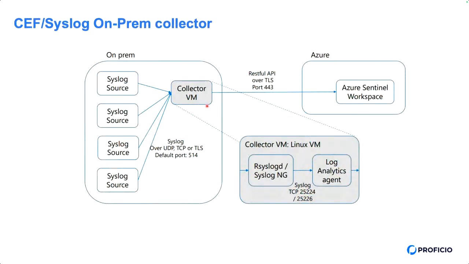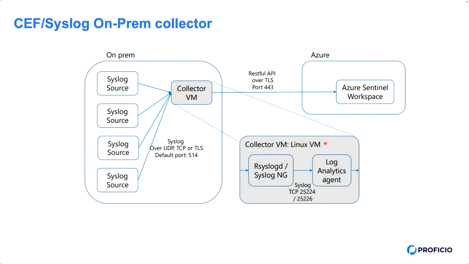To touch a little bit the topic of on-prem data collection, there are two options. First option is to use a Linux machine within your infrastructure, where you can have your log sources in the same network segment preferably, and collect everything and transform everything inside the Collector VM.